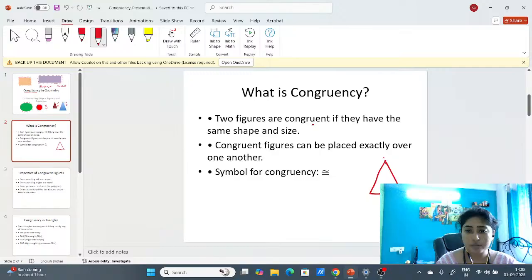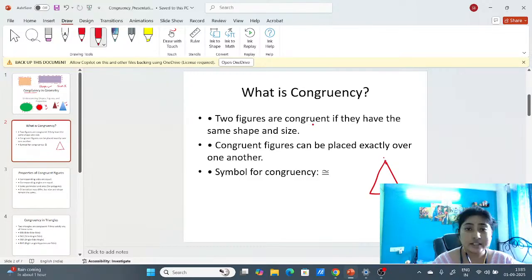We will not be able to see the first triangle if we place one over the other. If they are not congruent, then it's not going to happen.